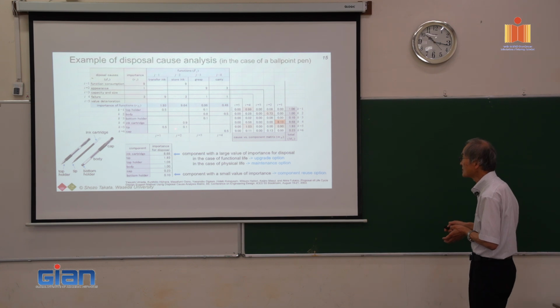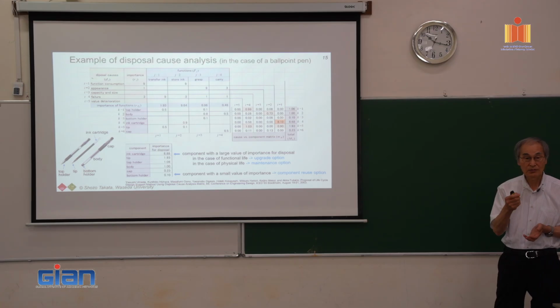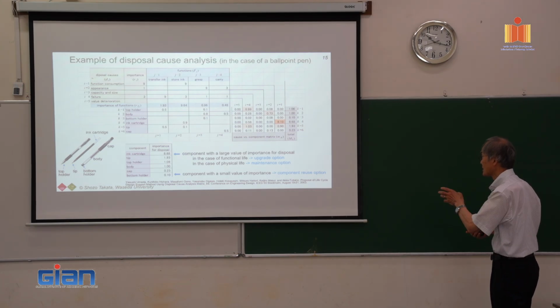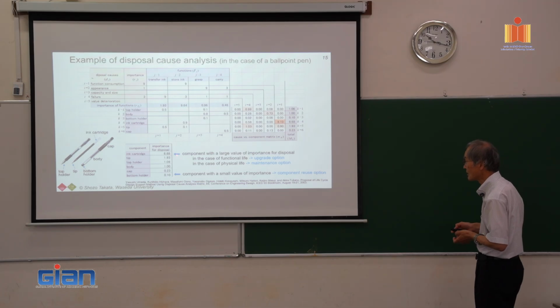So in this way, you can obtain the weight of the component. Which component is the most important in terms of the disposal cost? So this is the result. I skip the precise calculation, but anyhow, this is the result.